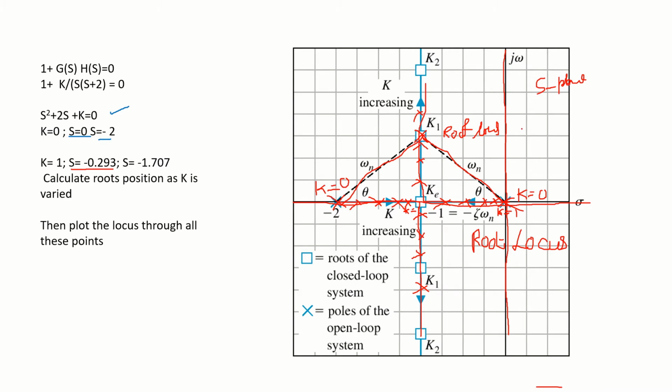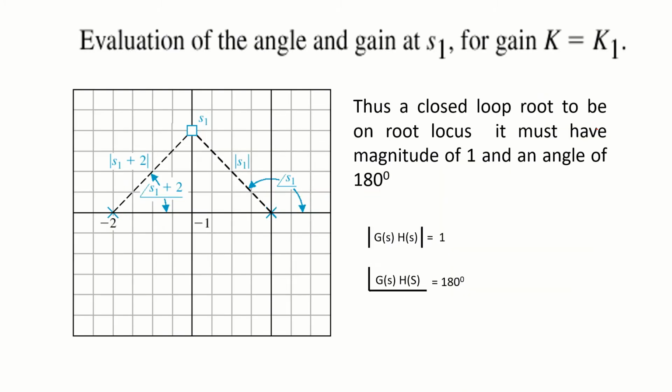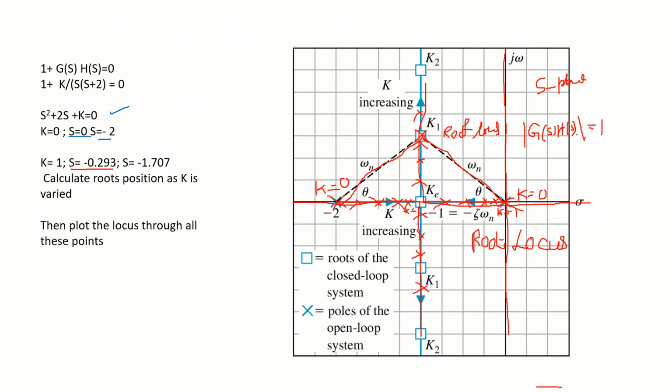Find the magnitude of that, modulus of G of S H of S. That should be 1. Also, you measure this angle and this angle. That should be 180 degrees. Then the point is on the root locus.